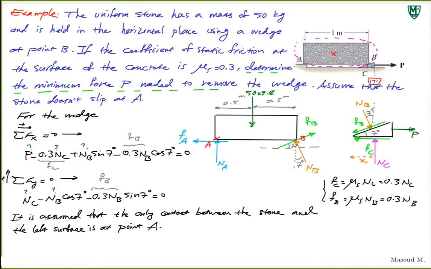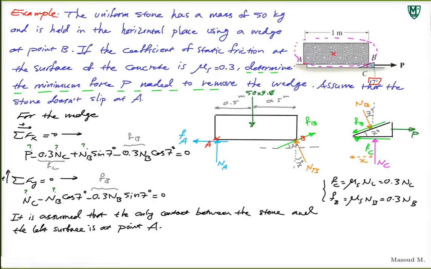If that's true, if you make the assumption or you're told specifically, that means you can write the moment for the stone block about point A. If you do it, FA is gone, friction that you don't know.